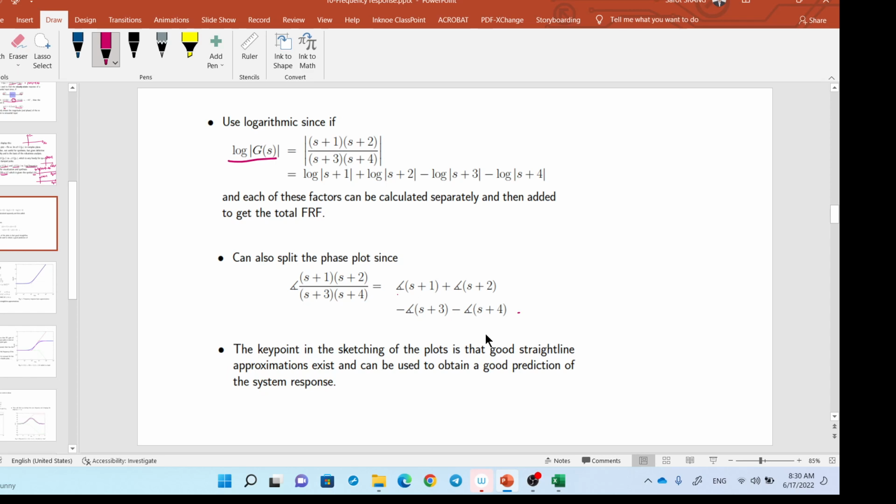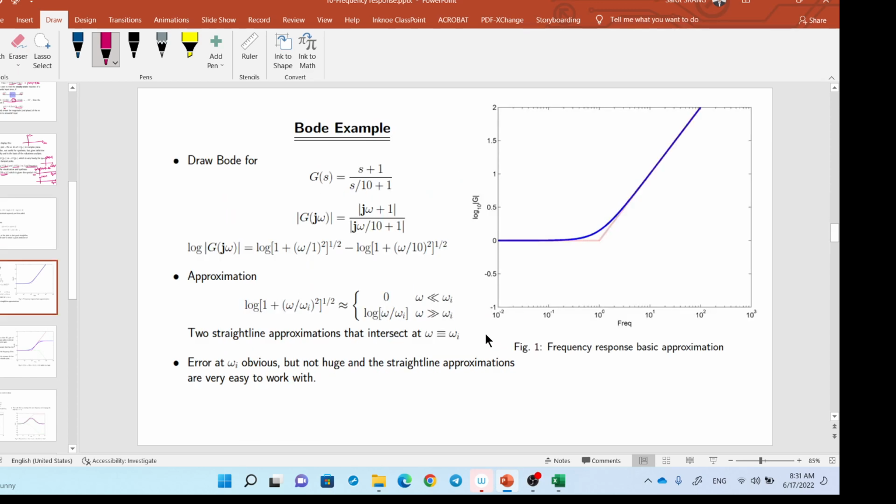So these two mathematical laws or rules are the key point to sketch the plots. Okay, so let's see an example.